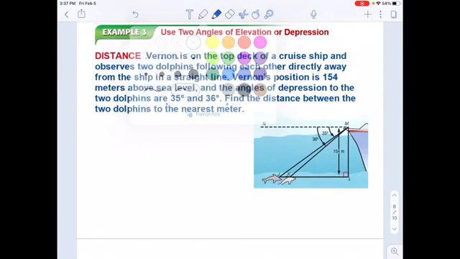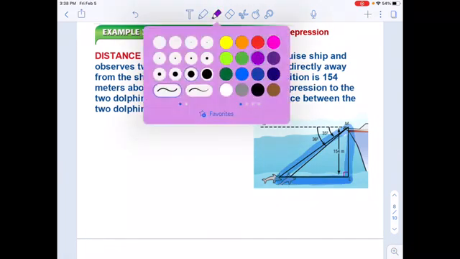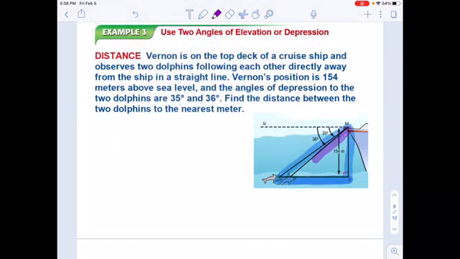So, we've got a lot to do here. We need to find the distance, this whole distance, to the further away dolphin, and then we need to do the same thing for the distance to the nearer dolphin.